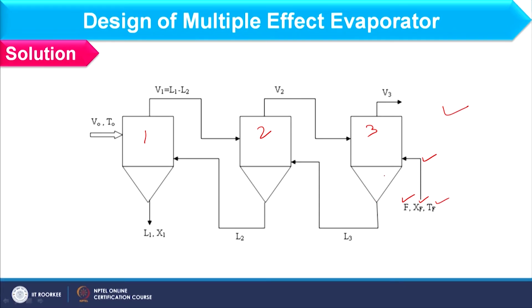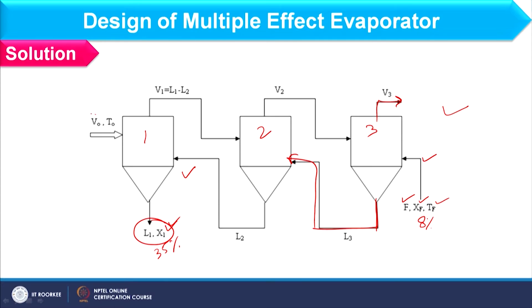So, when vaporization takes place, V3 exits from the top, L3 which is exiting from the bottom enters into the second effect as shown over here, and so L2, and finally we have the product from the first effect and that is L1 and X1. If you consider XF is available at 8% and the final product, that is the X1 value, is given as 35%. In this way concentrations are known to you.